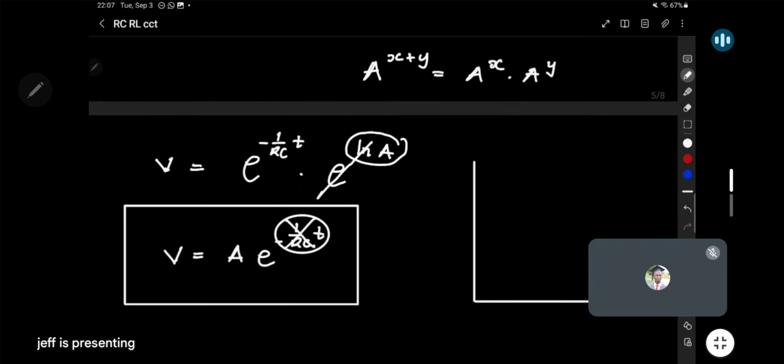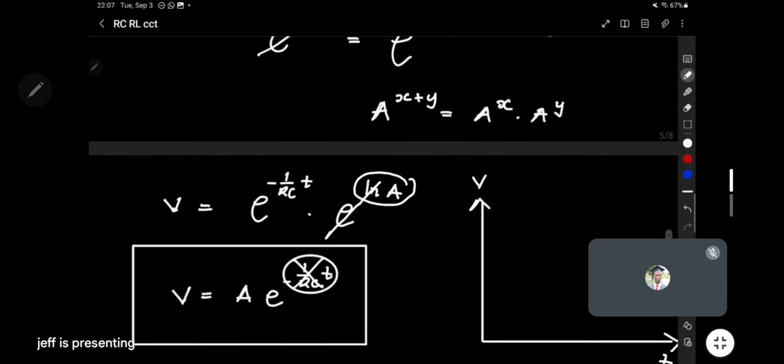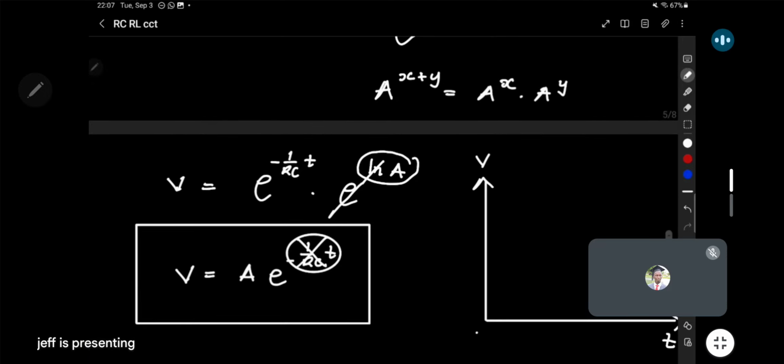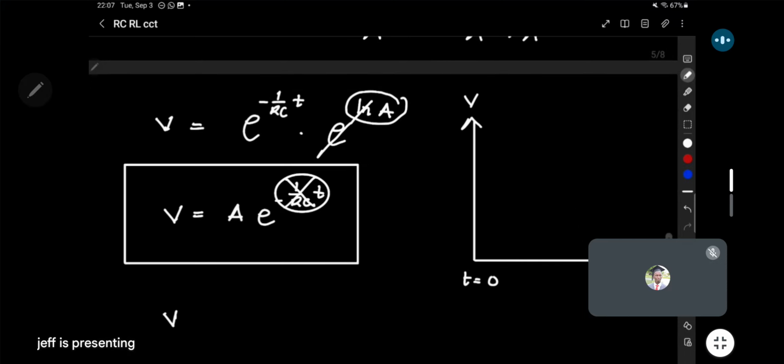So if I plot a graph of the voltage response from a capacitor with respect to time, on the vertical axis I'll put voltage. What we see is that when t is equal to 0 here, we're going to have V is equal to A e to the power of 1 over RC times 0, which will be 0.